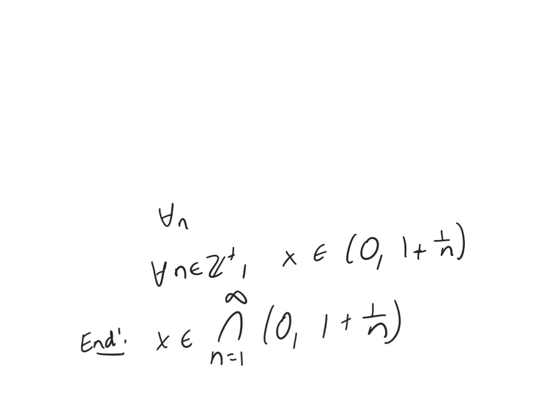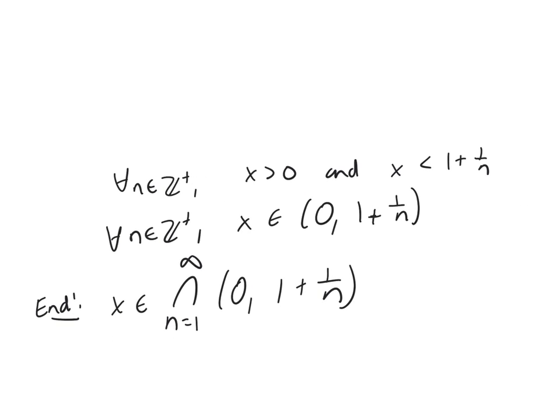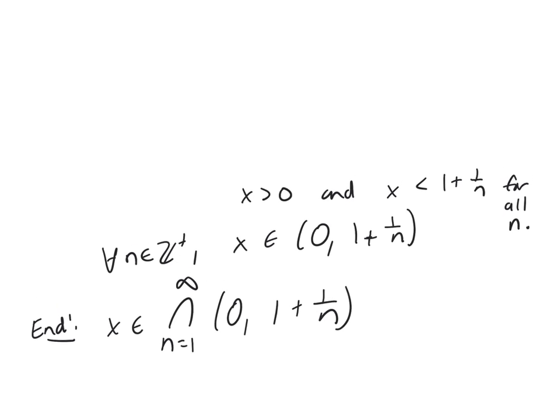It means for all n in Z plus, x needs to be bigger than 0 and x needs to be less than 1 plus 1 over n. So maybe I'll just say for all n, x needs to be bigger than 0 and it needs to be less than 1 plus 1 over n.